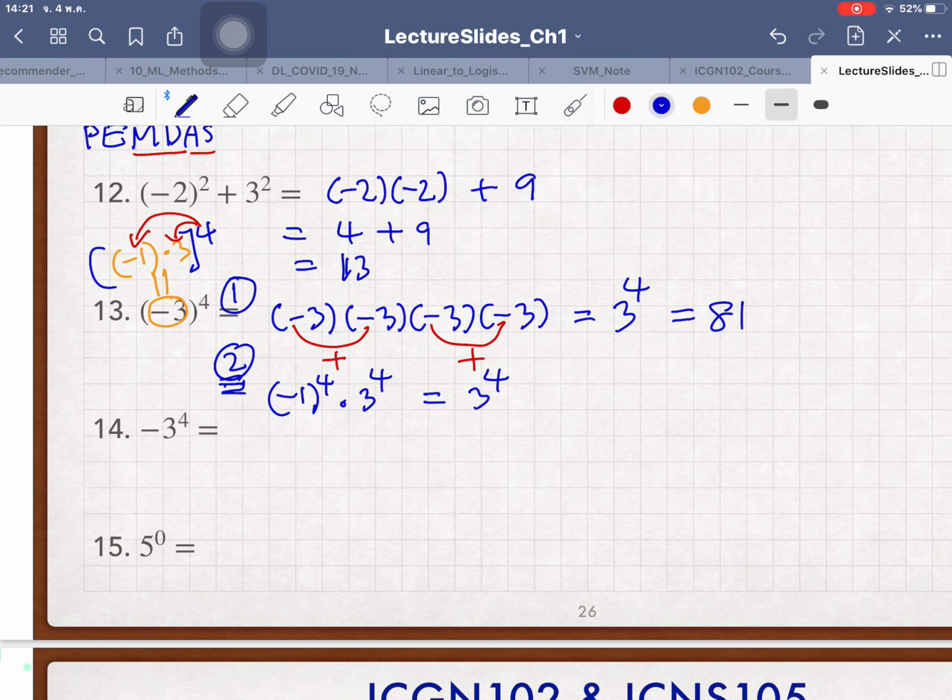And then for the next term, this problem is totally different from the previous one. When you read the term right here, it means that first you need to take 3 to the power 4, or just calculate what it is, and then later on you multiply with minus 1.